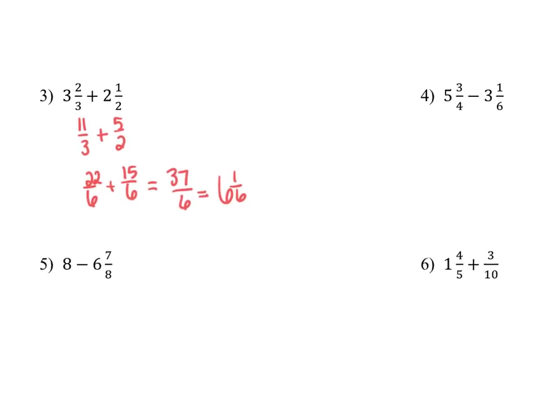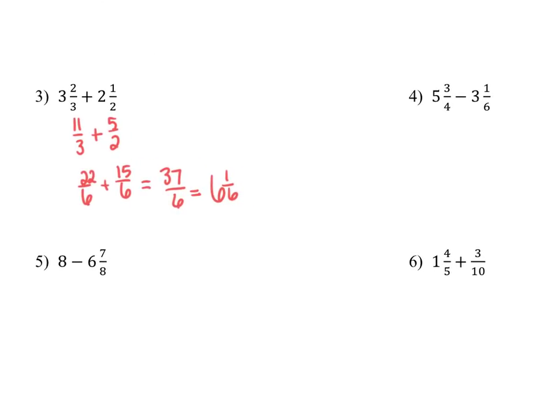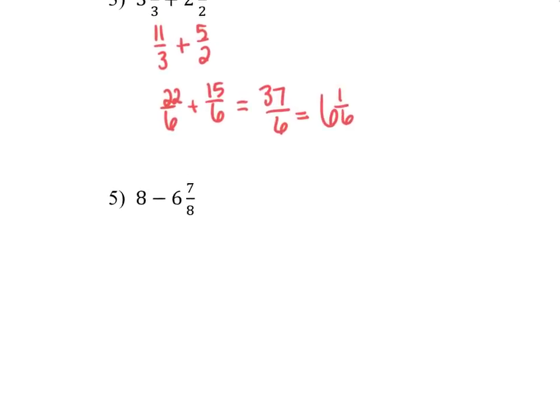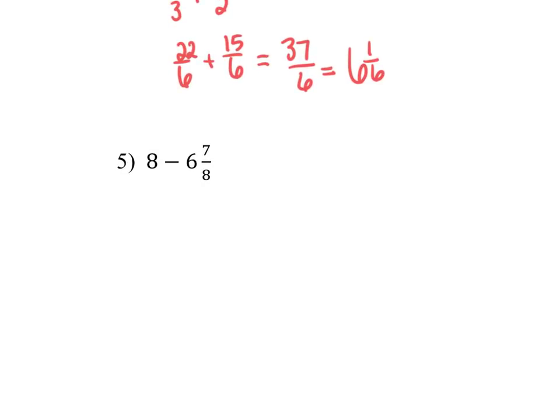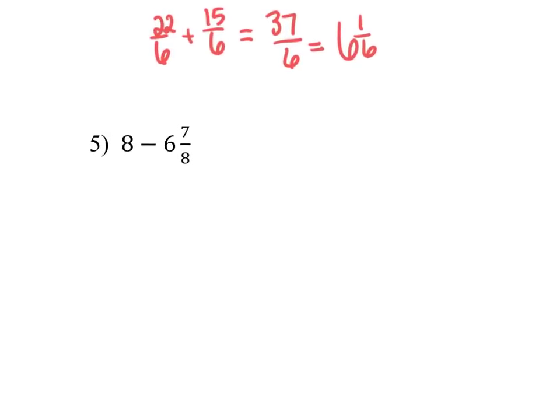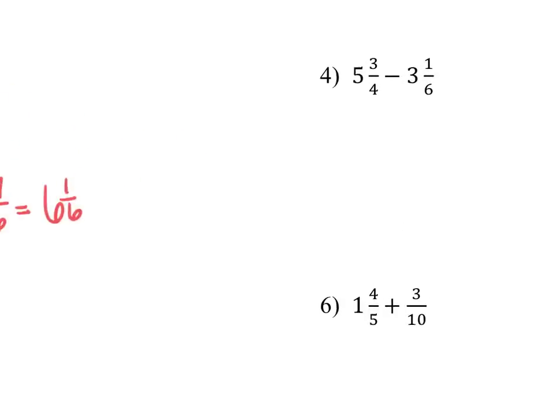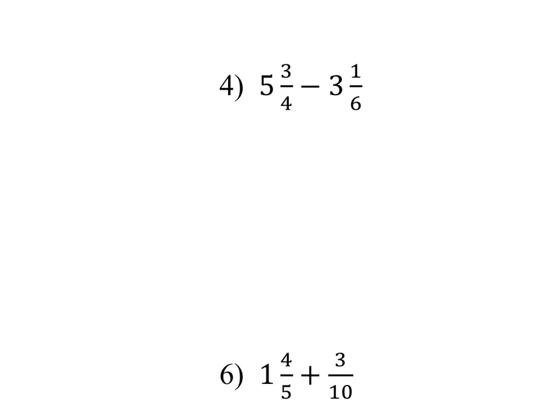Okay, I'm going to do a couple more. You're going to try number 4 on your own, but I'm going to go ahead and do number 5. So I want you to try number 4 and pause the video, and then I'm going to do it quickly without talking so you can have the answer. 18/6.